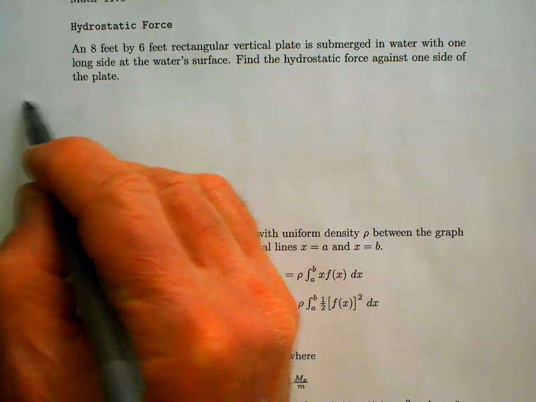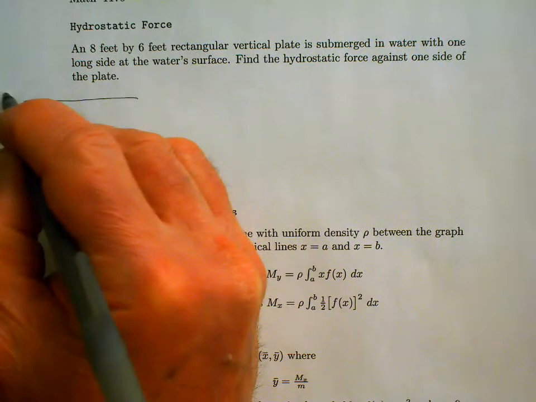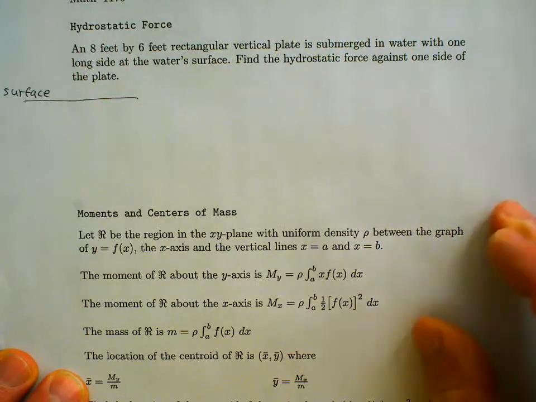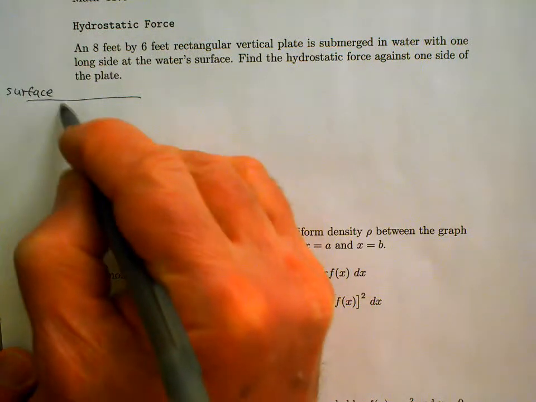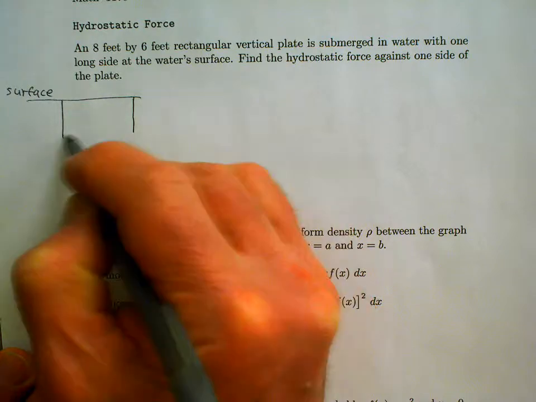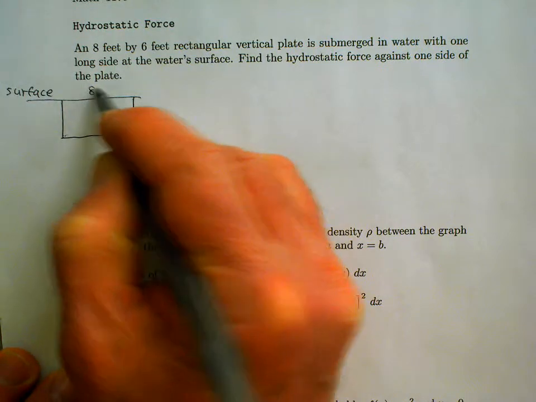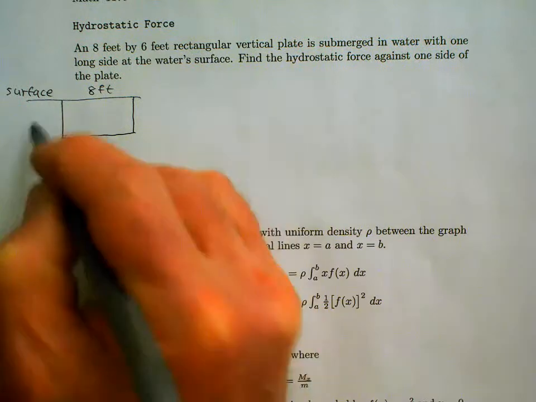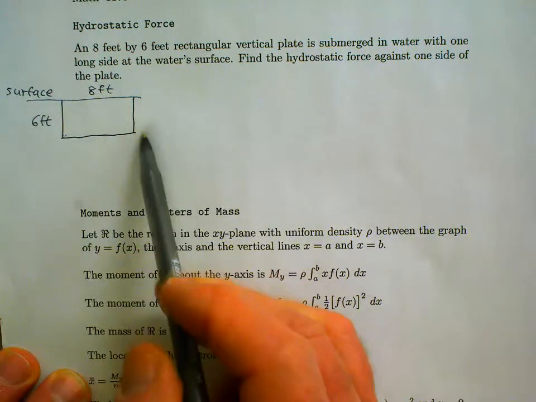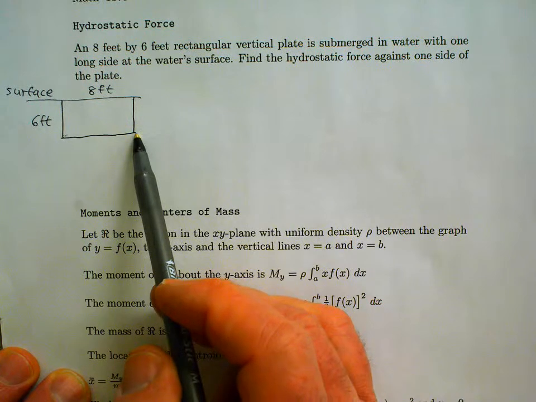Okay, so if we have the surface of the water and then 8 by 6 feet. So it's a vertical plate submerged in water.